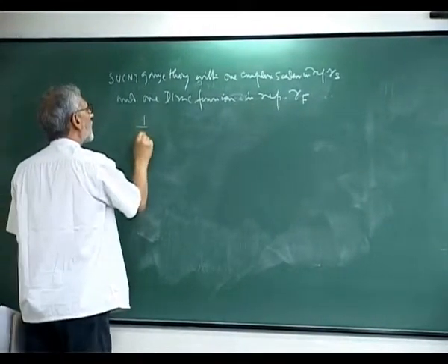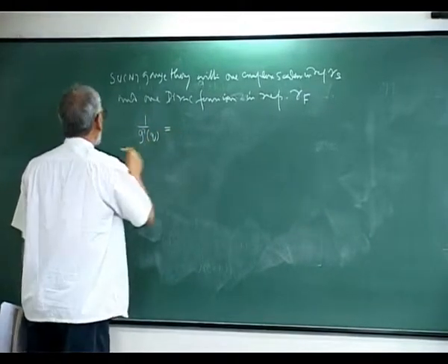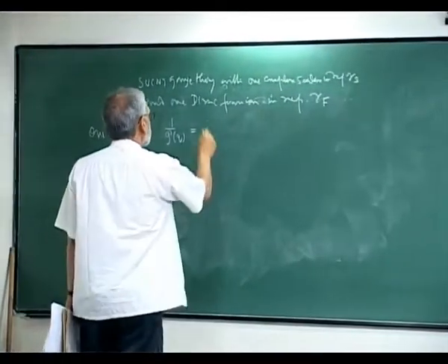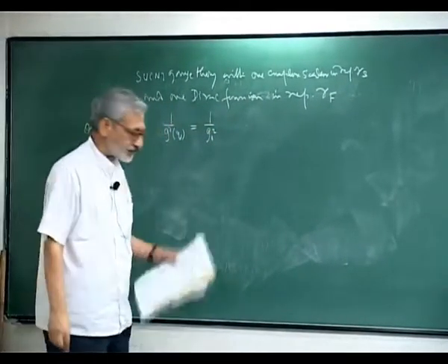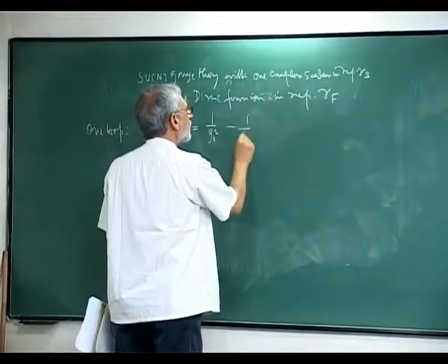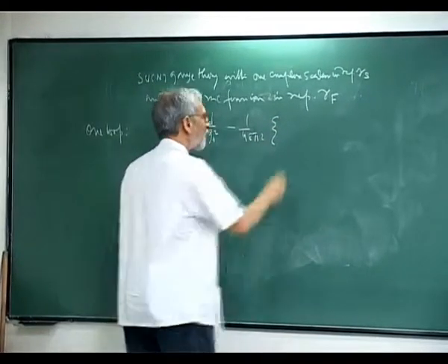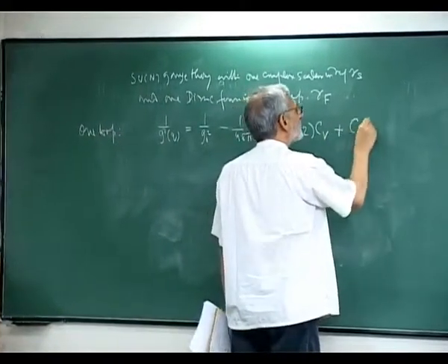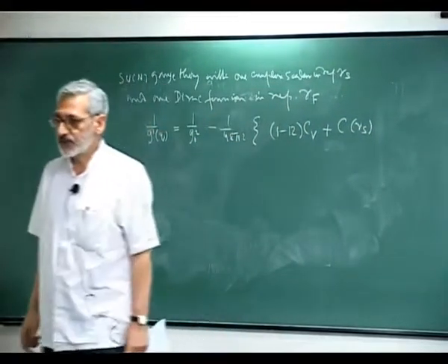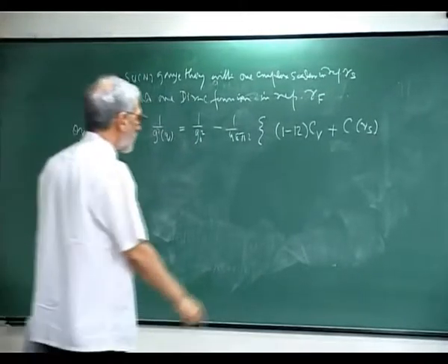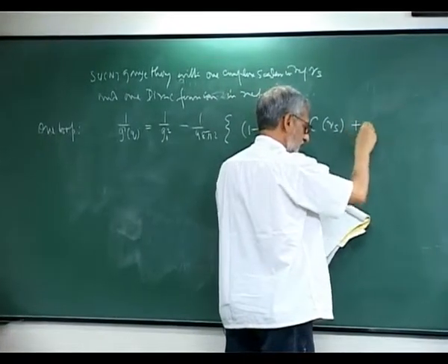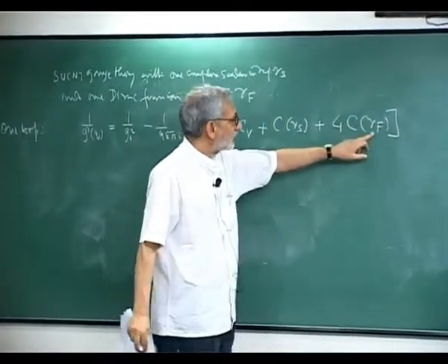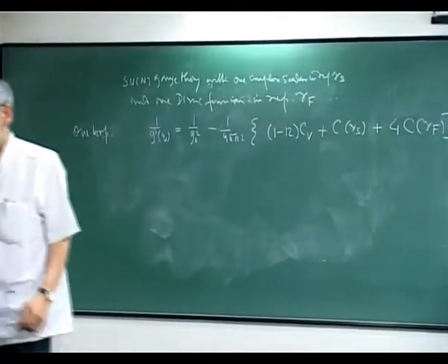And then we discovered that the one loop coupling constant is the coupling constant of the classical theory, 1 by g square, minus 1 by 48 pi square, 1 minus 12 CV, plus the C of the scalar field contribution corresponding to representation Rs of the scalar field, plus 4 times the C of Rf coming from the fermion contribution.